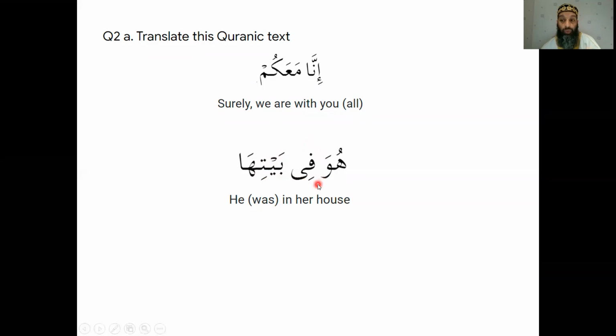Fi is a majroorifying word. It makes the next word majroor. But it's only this bit, the bayti. The ha is not going to become majroor. Pronouns do not get affected. If you take a baytuka and change it to baytuki, it means a different thing. So pronouns don't change. There's no case for pronouns, they're fixed. But bayti, yes, harf jar fi makes that into majroor.